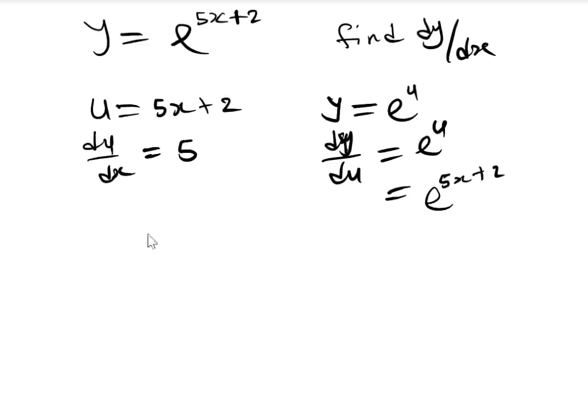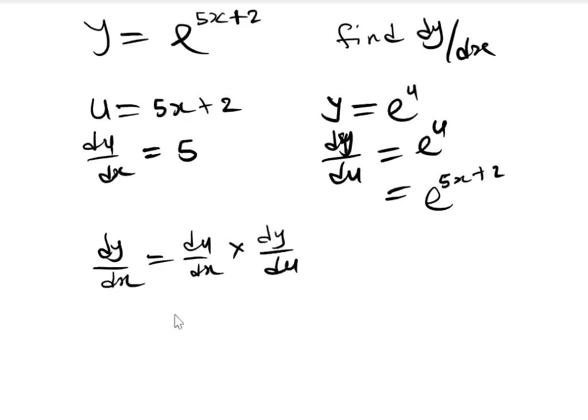So our chain rule formula is dy/dx is equal to du/dx multiplied by dy/du. dy/dx is equal to du/dx, which is 5, and dy/du is exponential of 5x plus 2.